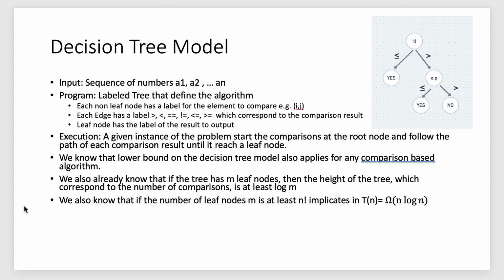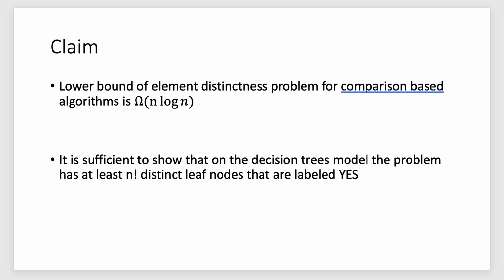In a specific case, if the number of leaf nodes for the tree of the problem is at least n factorial, it implies that the lower bound is n log n. We know that already. I'm assuming I don't have to prove that. And the claim: the lower bound of the element distinctness problem for comparison-based algorithms is n log n.